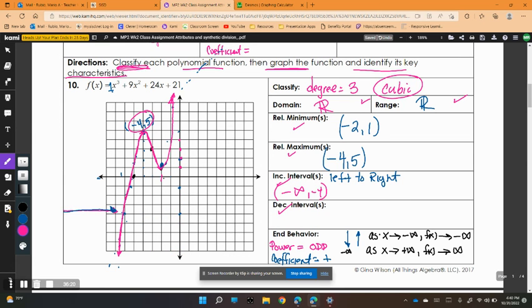So we have a decreasing interval from negative 4 to negative 2. And then the last segment, from here to here, is increasing. So there are two increasing intervals: from negative infinity to negative 4, and from negative 1 to positive infinity.